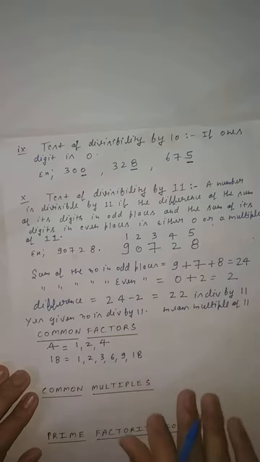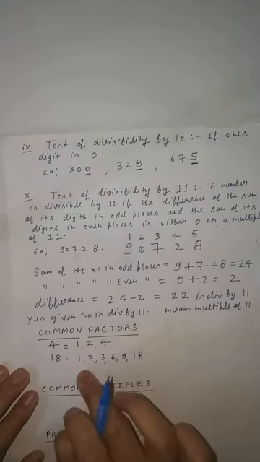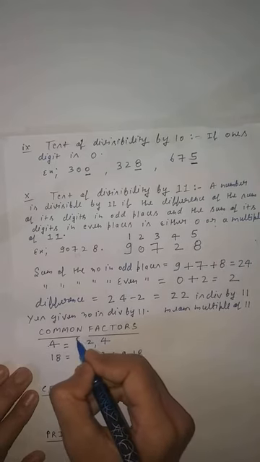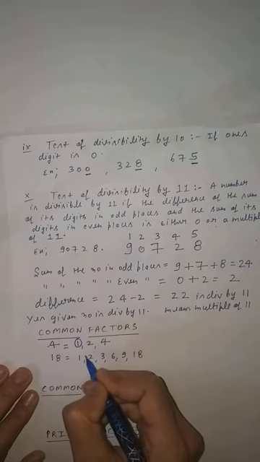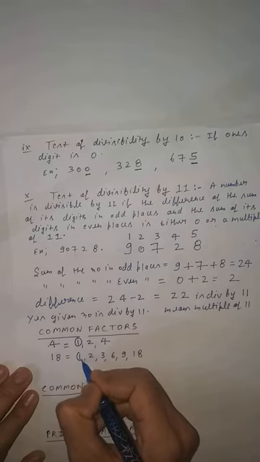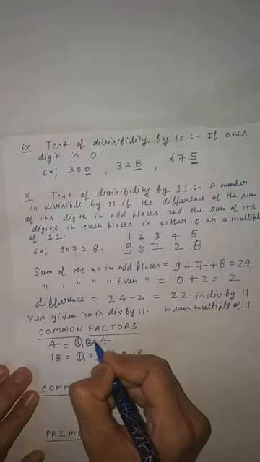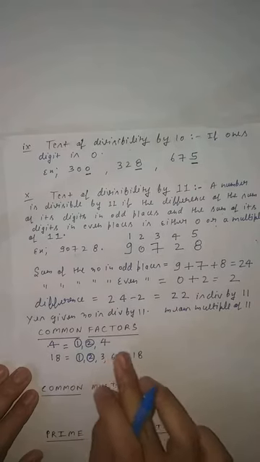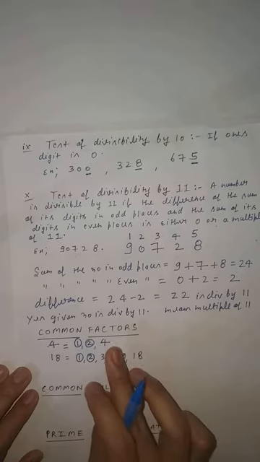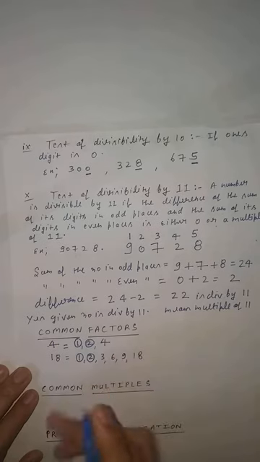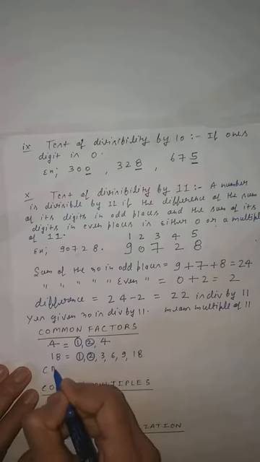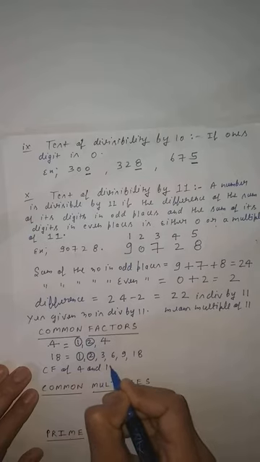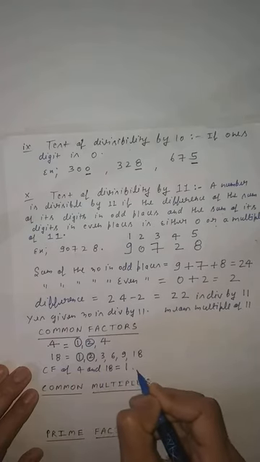Clearly you can see 1 is a factor of both 4 and 18, and 2 is also a factor of both. Is there any other number which is a factor of 4 and 18? No. So the common factors of 4 and 18 are 1 and 2.